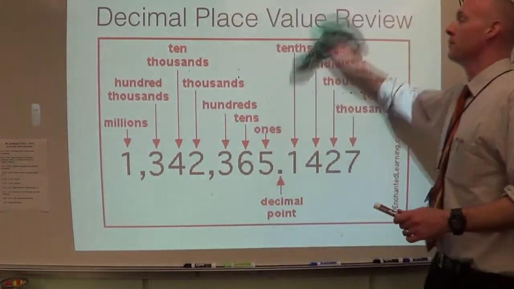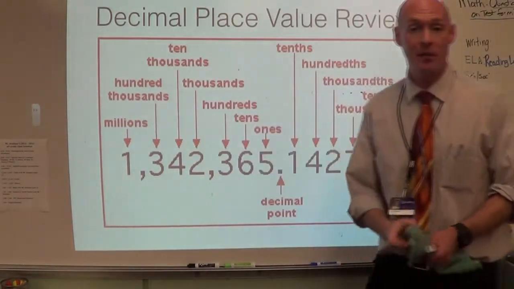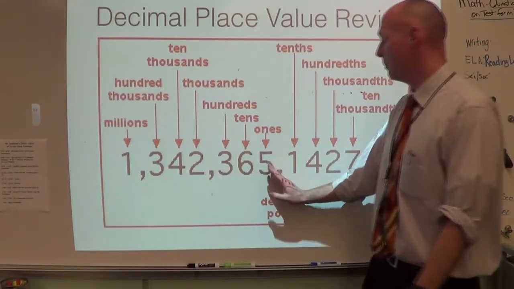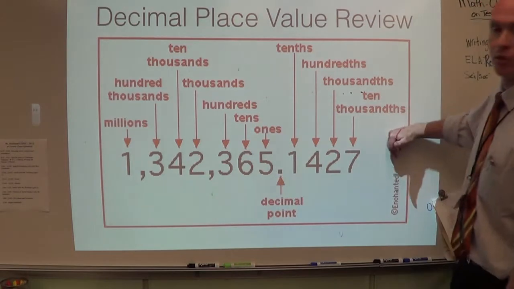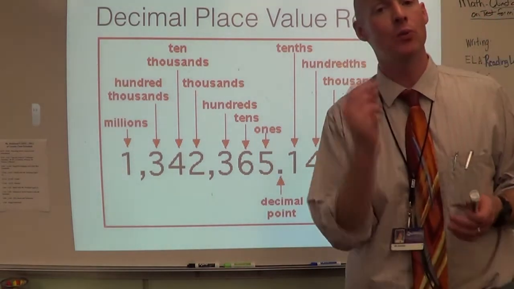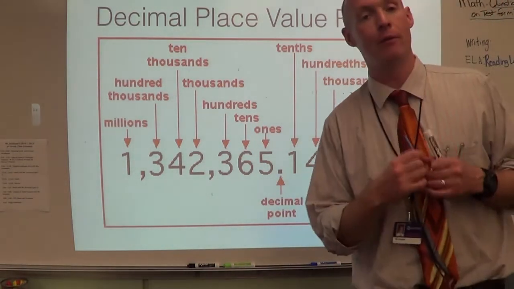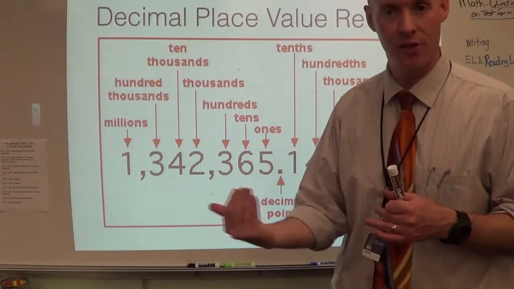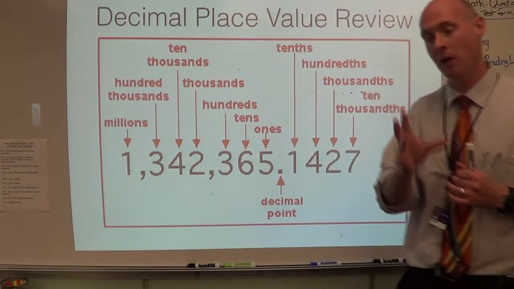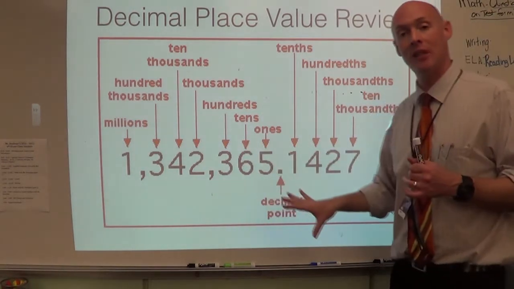So, this is something we should be very familiar with. It is decimal place value. Of course, we know to the left are my whole numbers. These are my parts, or my decimals. And we really need to get the terminology down for tenths, hundredths, thousandths, ten-thousandths, and so on. So if you're not real familiar with that, you're going to need to review this on your own.